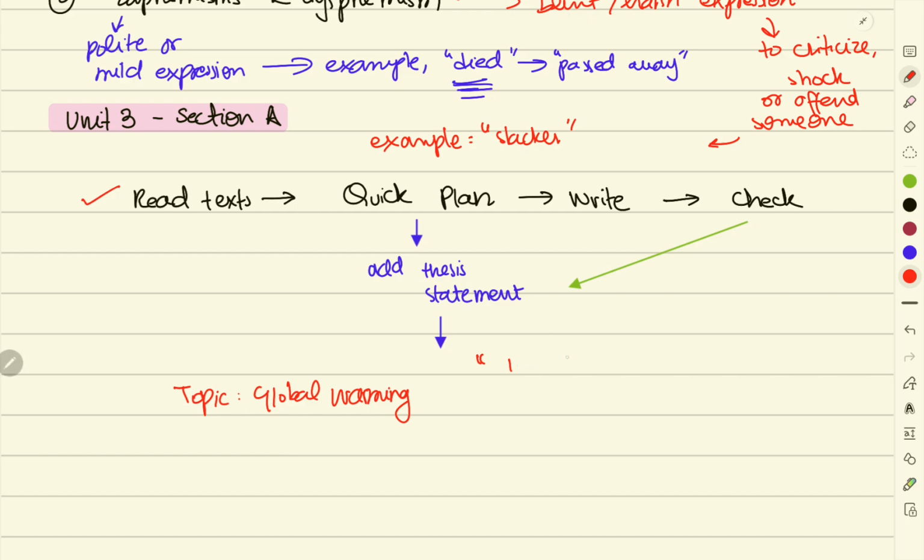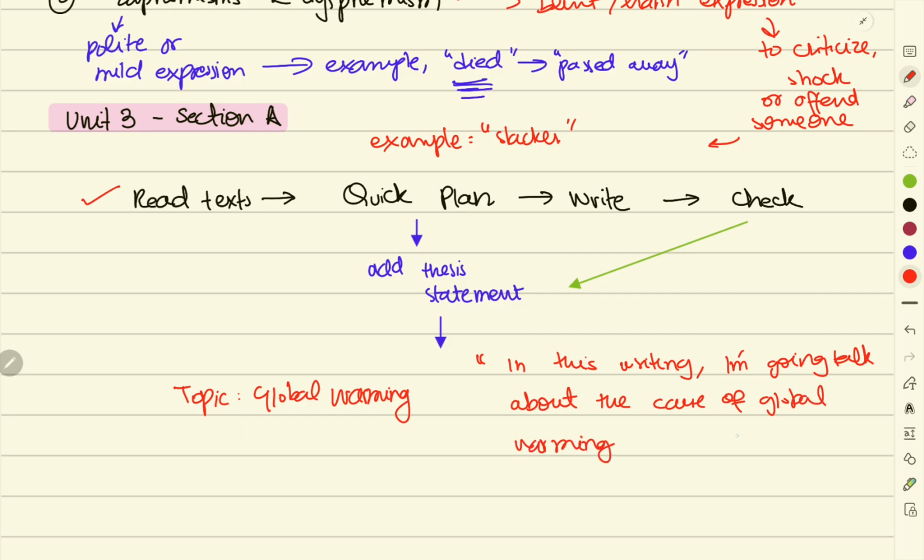So you can say, well, in this writing, this is for you. This is not for the examiner, okay? So you can write, well, in this writing or in this article or whatever, I'm going to talk about the causes of global warming and its effects.